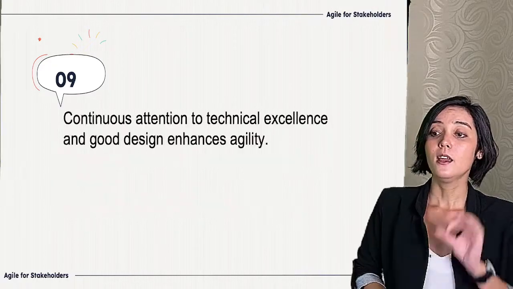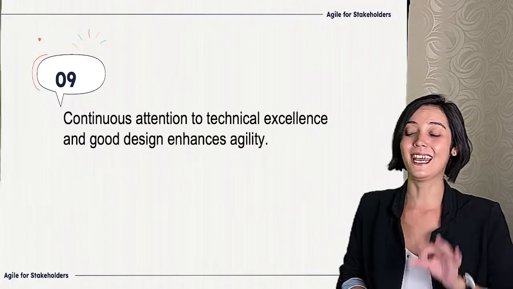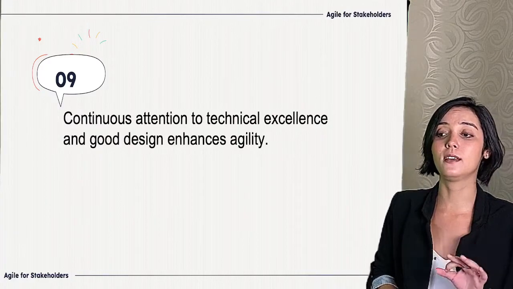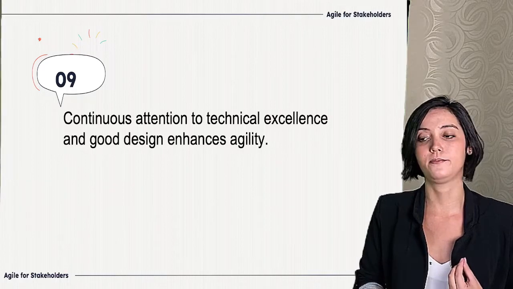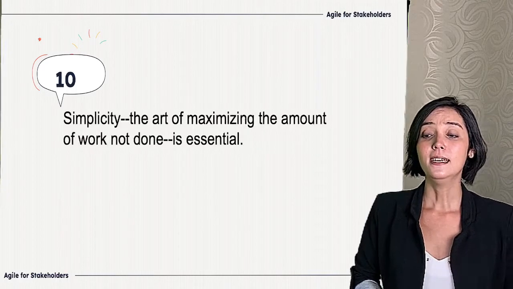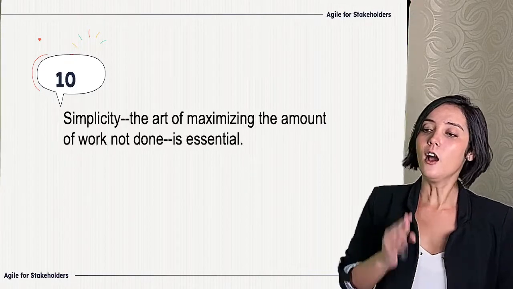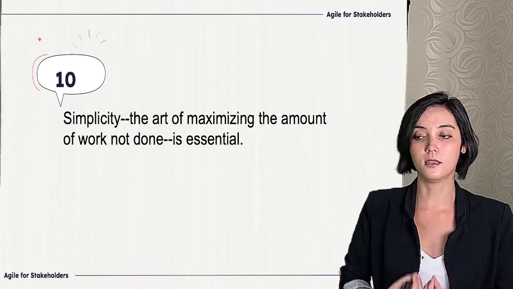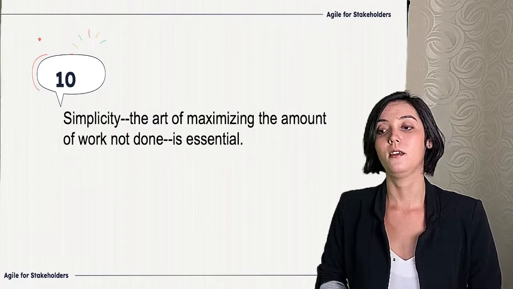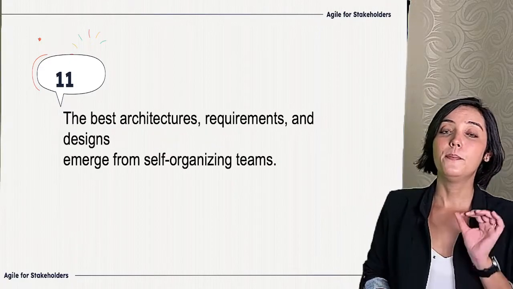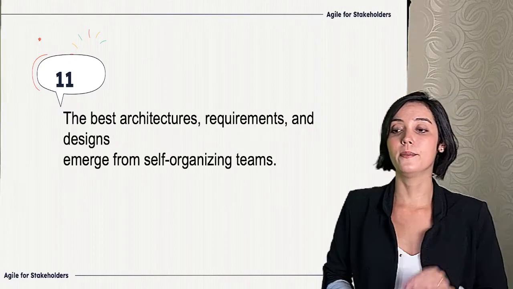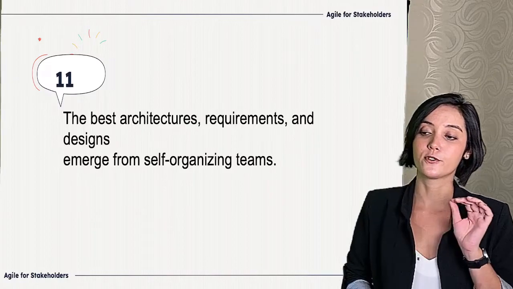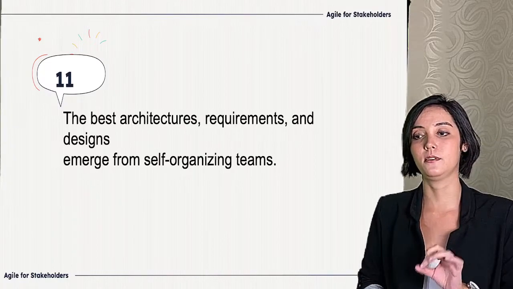Number 9, continuous attention to technical excellence and good design enhances agility. Number 10, simplicity, the art of maximizing the amount of work not done. It's essential. Number 11, the best architectures, requirements, and designs emerge from self-organizing teams.